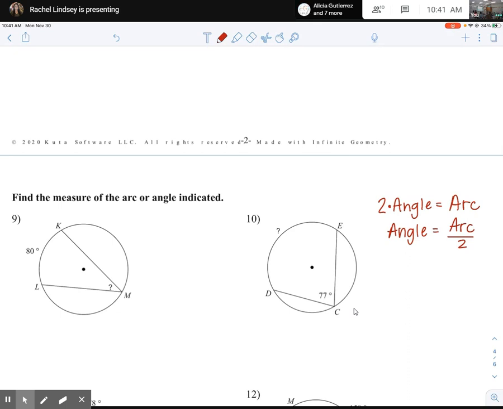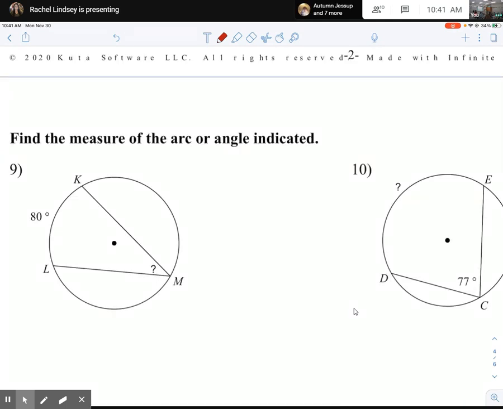On number 1, we're given an arc and we're trying to find an angle. Technically, you could do either. Arc divided by 2. Okay, so 80 divided by 2 gives you 40. So that angle is 40 degrees.